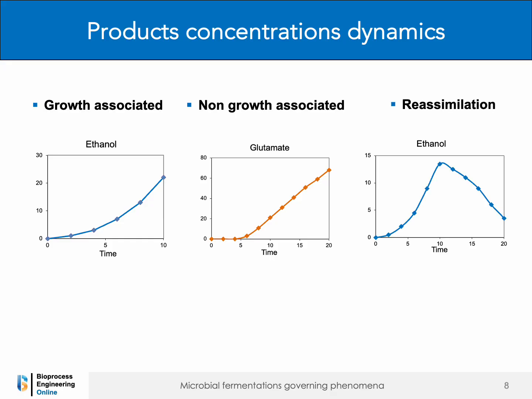In some cases, microorganisms may also excrete metabolites that are later reassimilated as secondary carbon sources. A classic example is ethanol production by yeast, where ethanol is secreted during fermentation and later consumed once the primary sugar source is depleted.